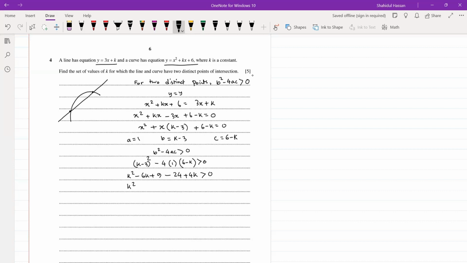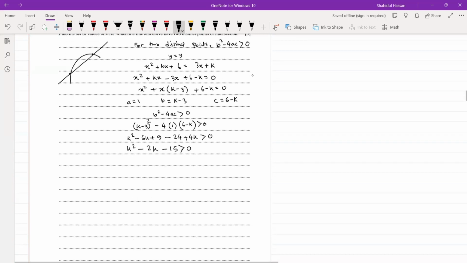So we have k square minus 2k, 9 minus 24, that's minus 15, greater than 0.